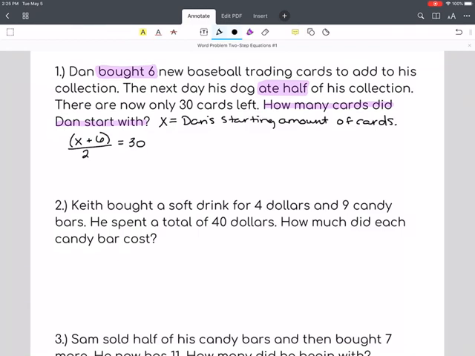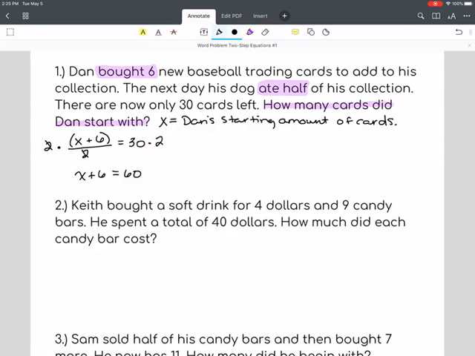So in this case, I have to deal with the parentheses last. So I have a divided by 2. The opposite of dividing by 2 would be to multiply each side by 2. When you do that, the 2's on the left cancel out, and you're left with X plus 6 equals 60.